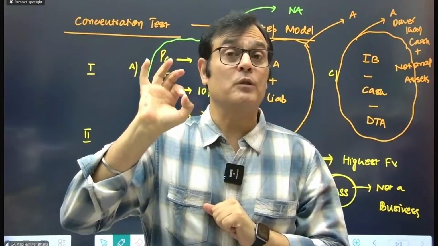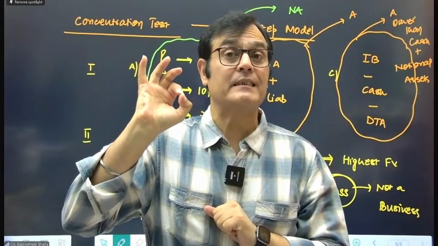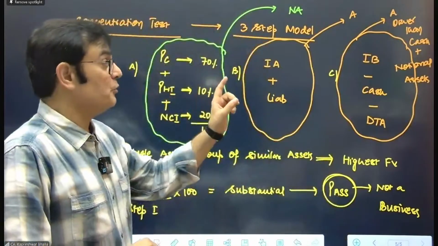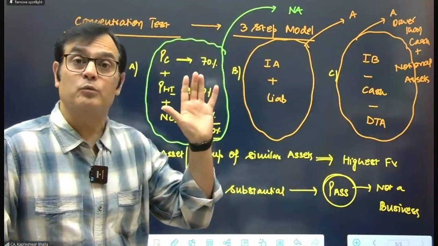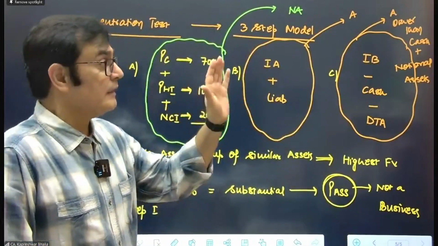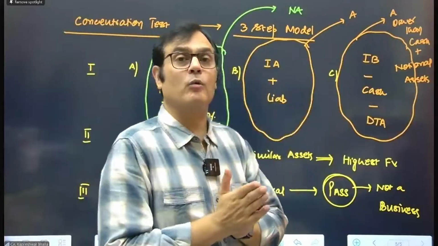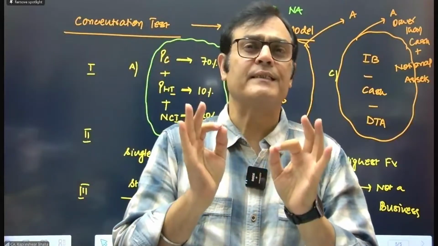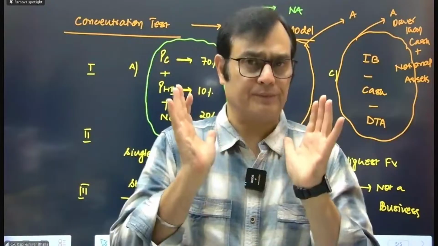But the idea is to convert it to what is paid for the assets other than cash and notional assets. So next stage, you add the liabilities to convert it to what is paid for the assets. Next stage is to eliminate the cash acquired and the notional assets, to understand what is paid only for the assets other than cash and notional.